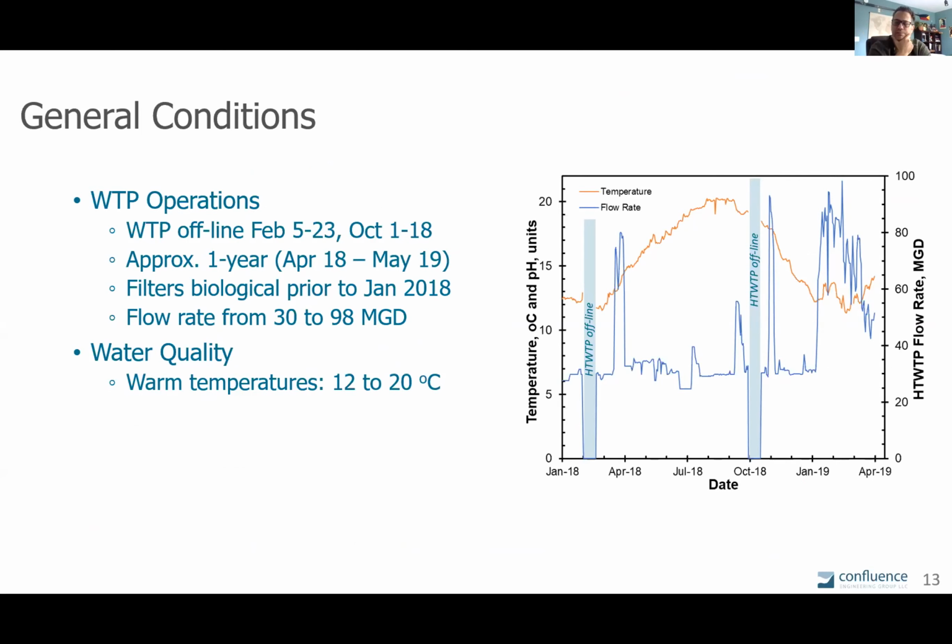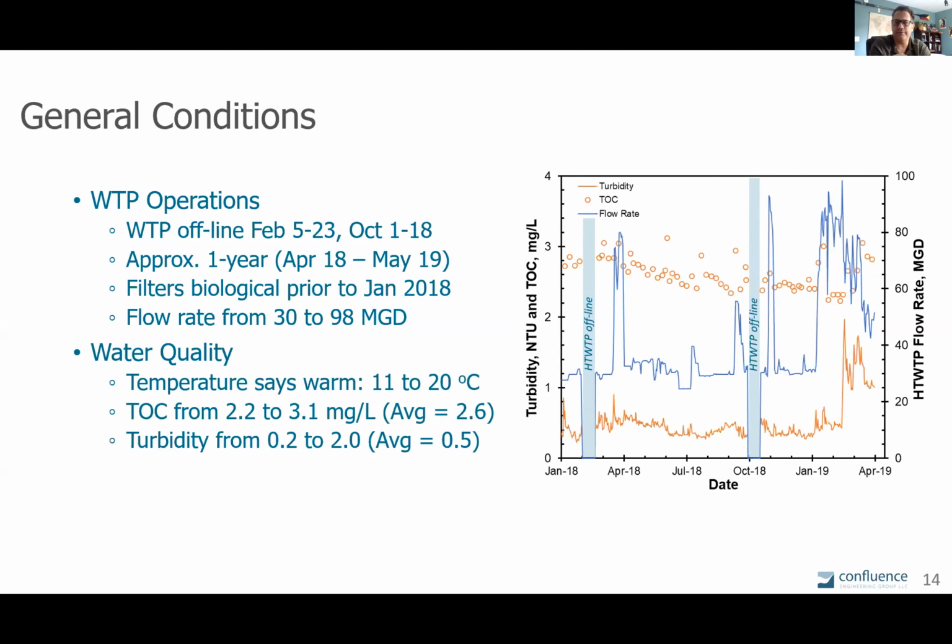So we wanted to see if those could show us anything in the data, of course, so we tried to pay attention to that. The blue line is the flow rate, ranging between 30 and 100 mgd, and that orange line shows how warm the water temperature is there at the PUC going into Harry Tracy. Always above 12 degrees C and up to about 20 degrees C. So it doesn't get very cold in that water through treatment.